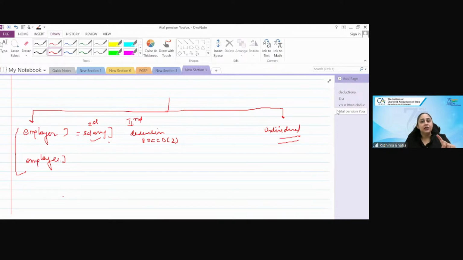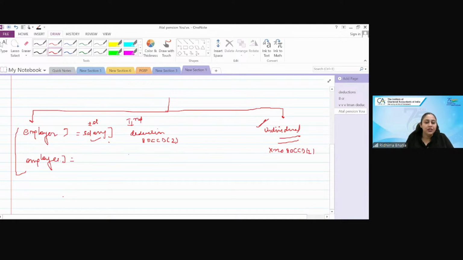So it is clear that there would be no deduction under 80CCD(2) for an individual who is self-making a contribution without an employer, correct? For that person there would be no deduction. Obviously there is no employer, so how would 80CCD subsection 2 come into the picture? Correct.